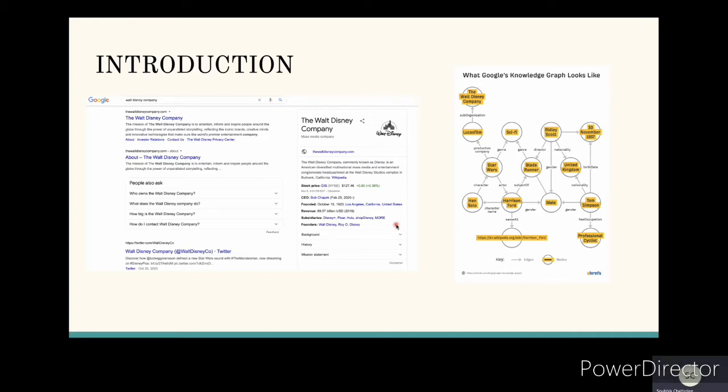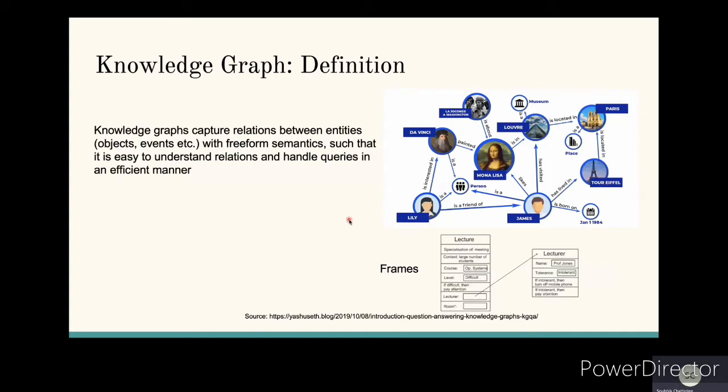To define it formally, a knowledge graph is a graph which has nodes or entities, which can be either objects or events, which are related in the form of free-form semantics, which makes it easy to understand and easy for computer programs to query in an efficient manner.